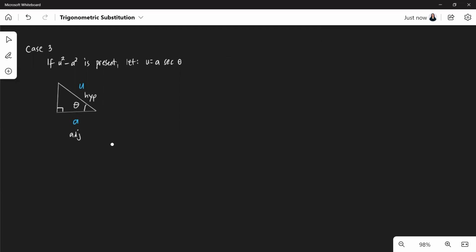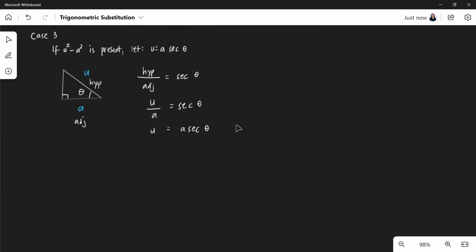If we're going to derive this, we get the ratio of the hypotenuse and the adjacent side, which is the secant function. Hypotenuse is u and adjacent side is a. So we now have u is equal to a times secant theta.